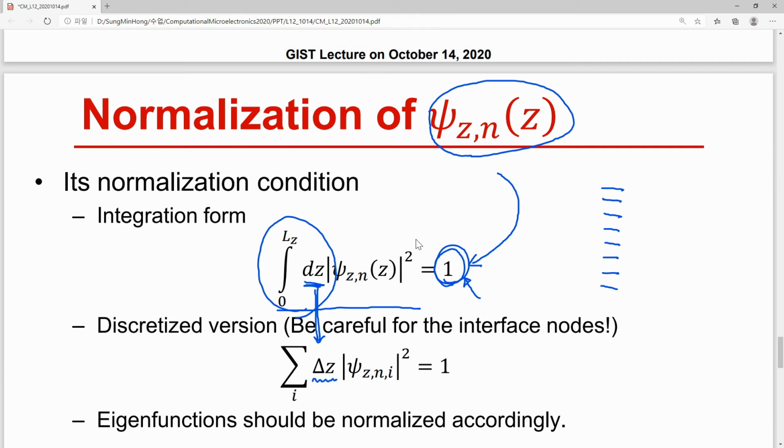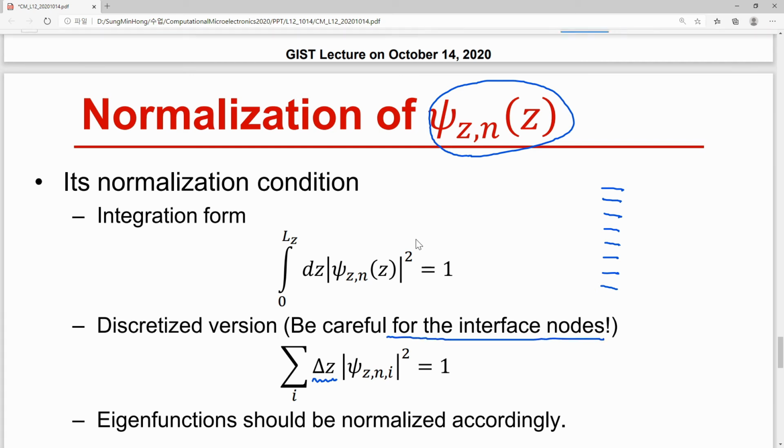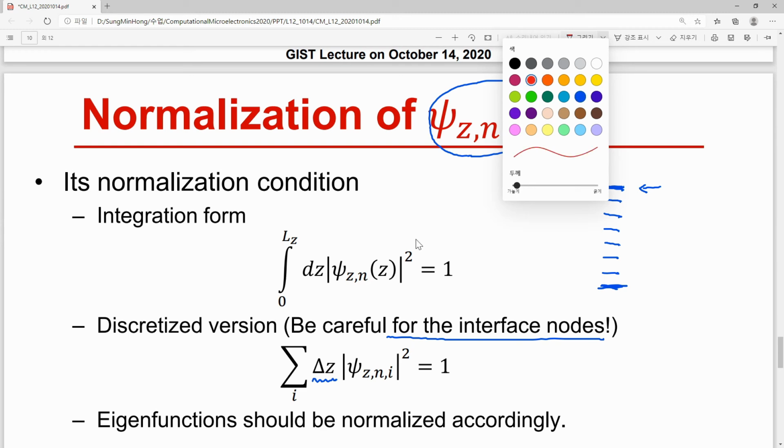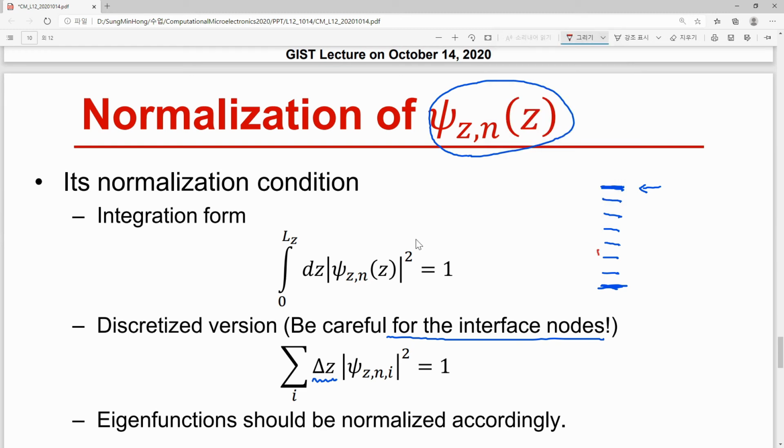But here we have one caution: be careful for the interface nodes. Let's say this is the interface and this is the interface. If you are trying to numerically integrate, for a bulk node you have a full delta z on each side.